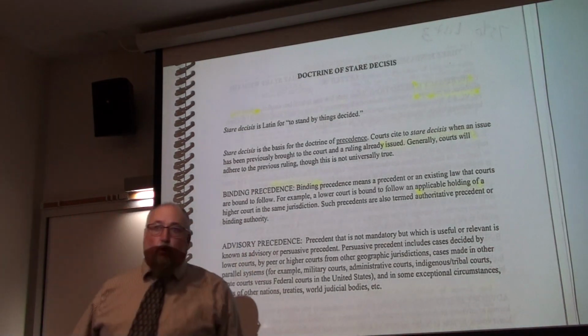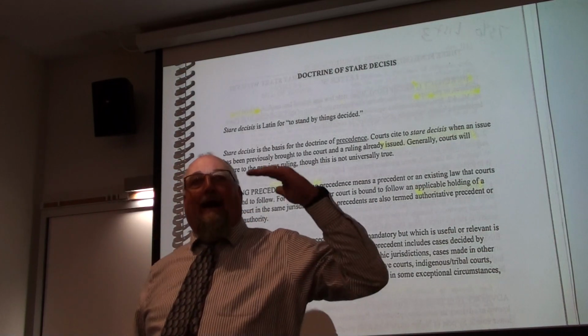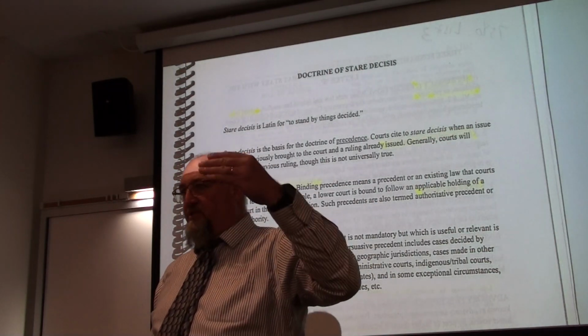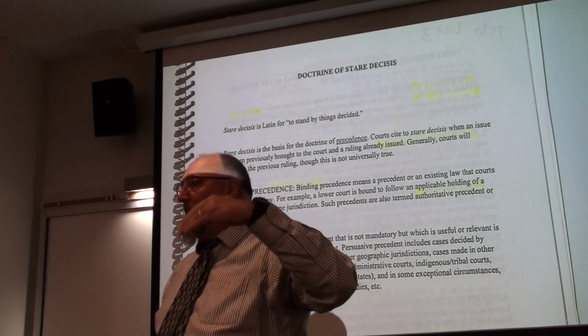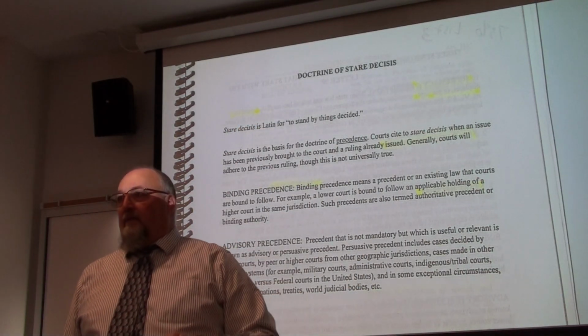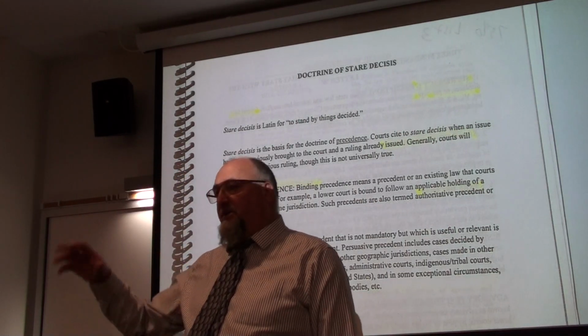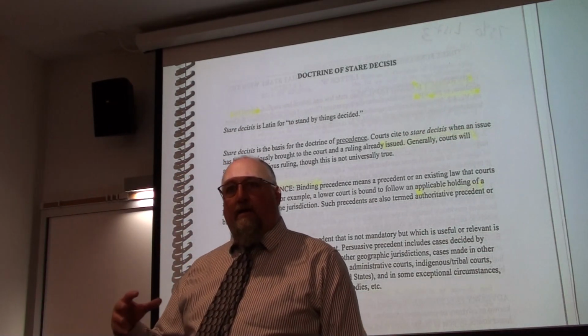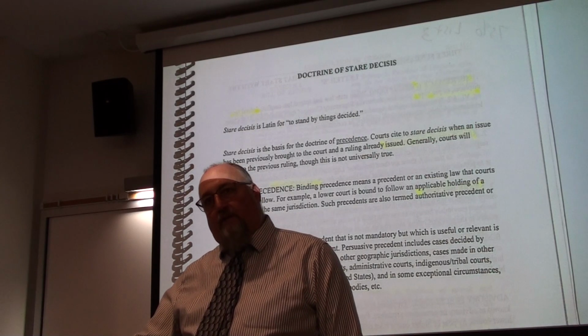If it's a U.S. Supreme Court case or a higher level court within my own system, like the Oregon Supreme Court, the Oregon Court of Appeals, which are higher courts, then it's binding. If it's from a different jurisdiction or a lower level court than what I am, then it's advisory only.